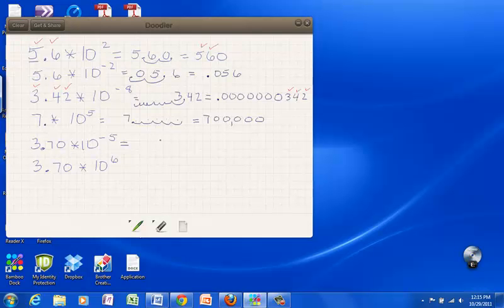3.70. And we want the number to get smaller, 10 to the negative fifth, so it'll go backwards 5 places, so 4 zeros.